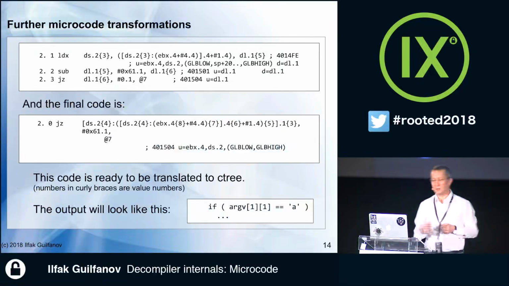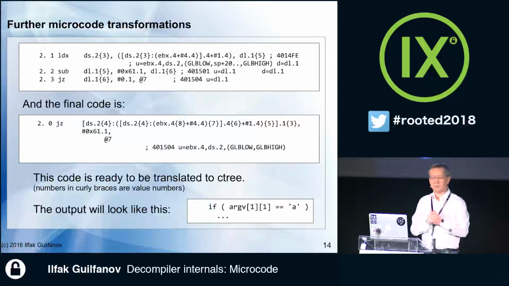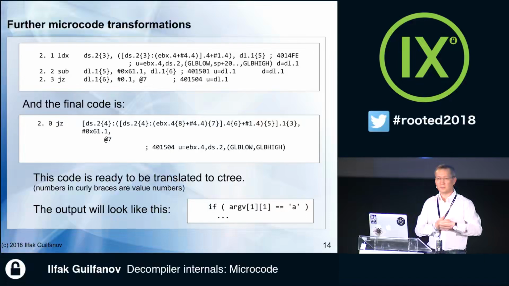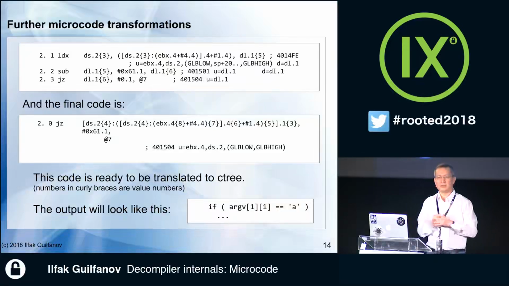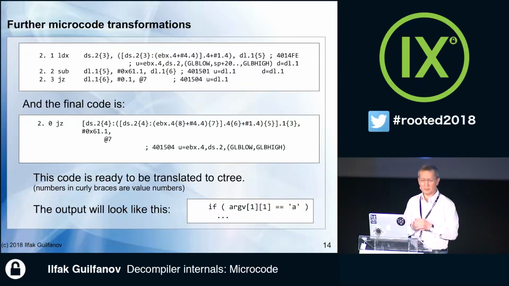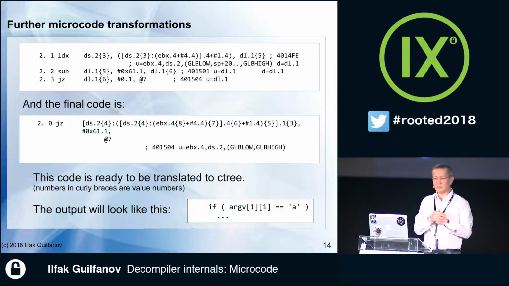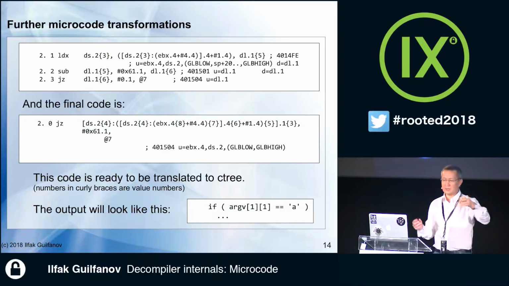Then we will perform other microcode transformations. For example, we will propagate the information globally between basic blocks, and then eliminate all redundant or useless instructions. And you see that we end up with 3 instructions, which is quite short. It's quite short code now. I like it better than the initial processor instructions that we started with. And finally, we will even propagate one instruction into another.